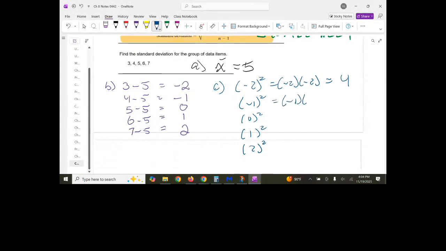Negative 1 squared, negative 1 times negative 1, positive 1. 0 squared, 0 times 0, still 0. 1 squared, 1 times 1, still 1. Okay. 2 squared, 2 times 2, 4.